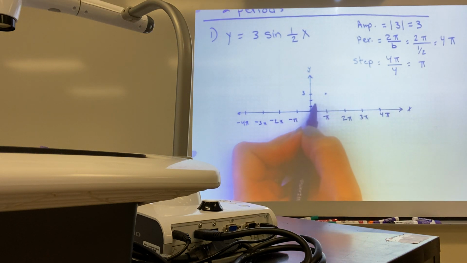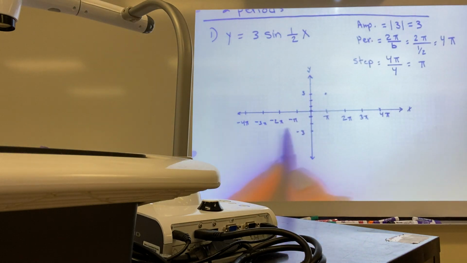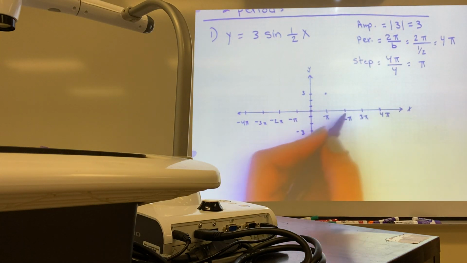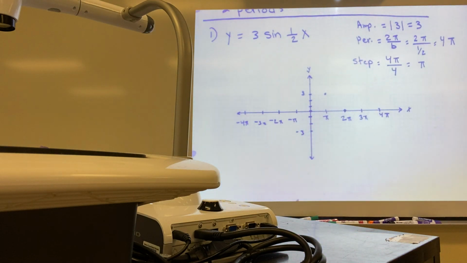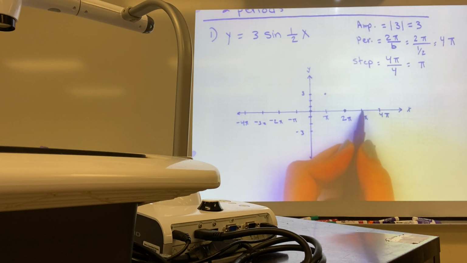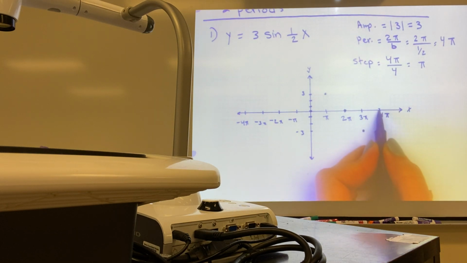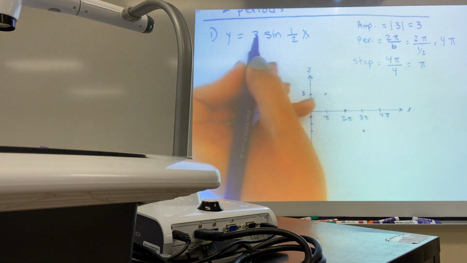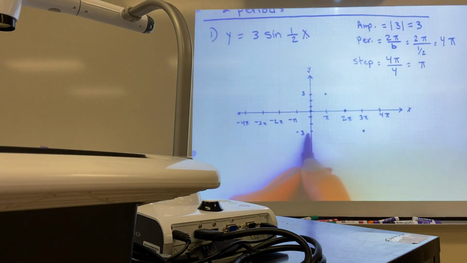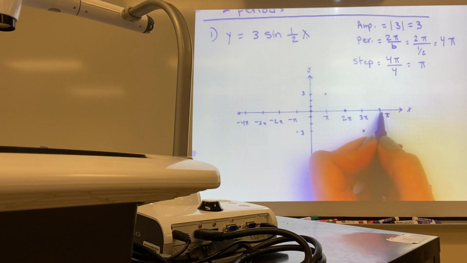As we said, it goes from 0 to a, and a is 3 for this example. And at 2 pi, sine will be 0 in this case. And at 3 pi, it will go down to -3. And when x is 4 pi, plug it in here, times 1/2, find the sine, and times 3, that will give you a 0.